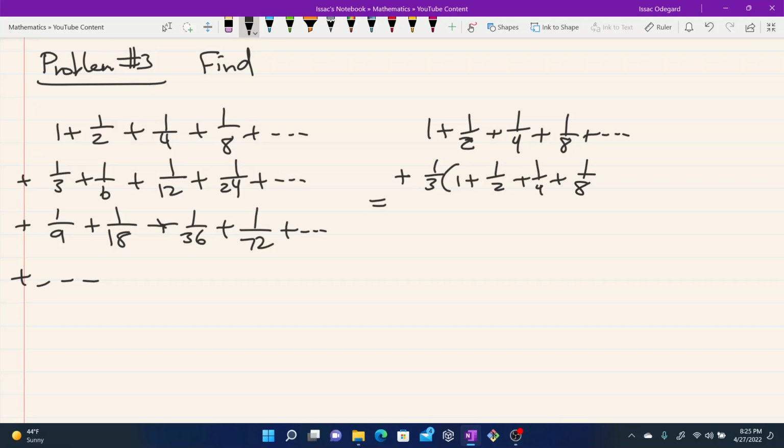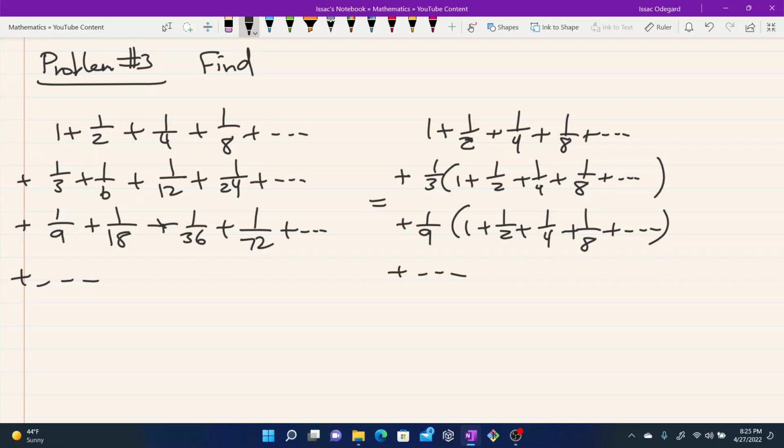And you notice we get, like I said, the first row. The next row would be 1/3 times the previous row, so just 1/9 times the first row. And so on. You can think of this first row as just 1 times itself if you want.